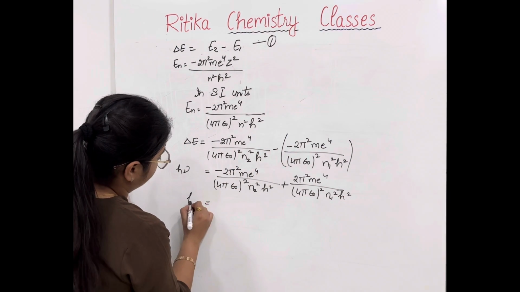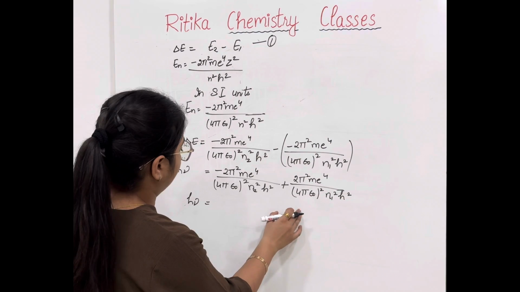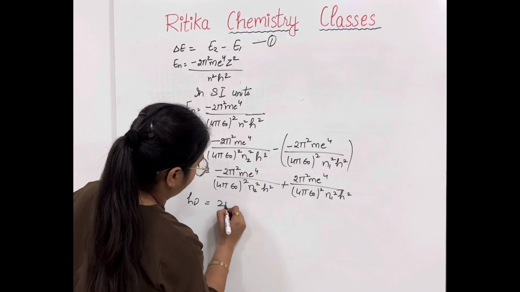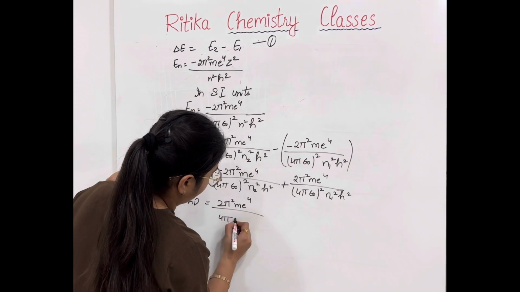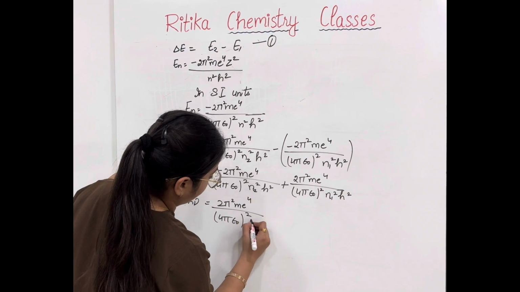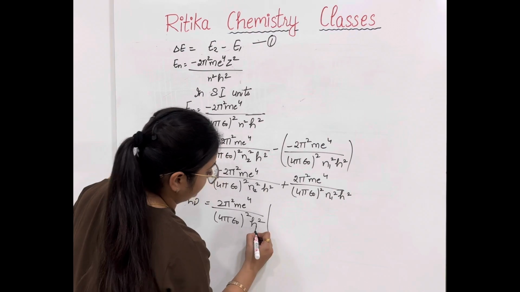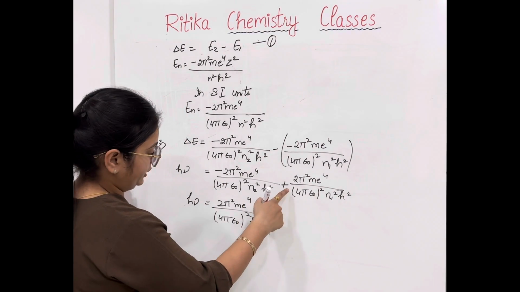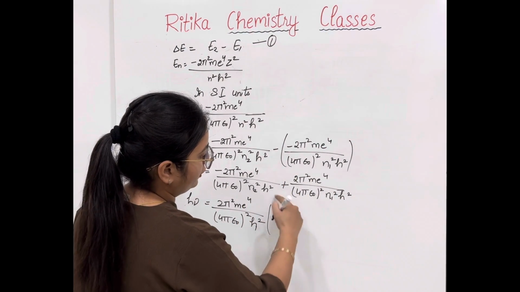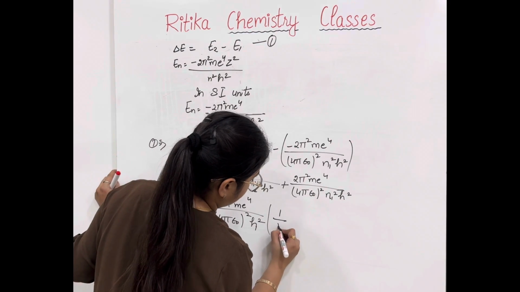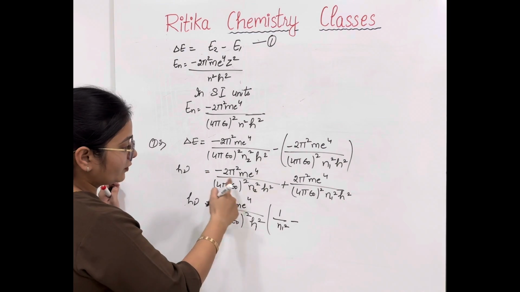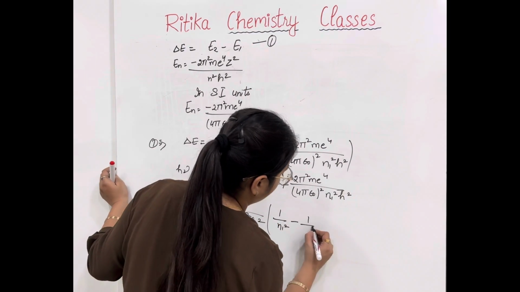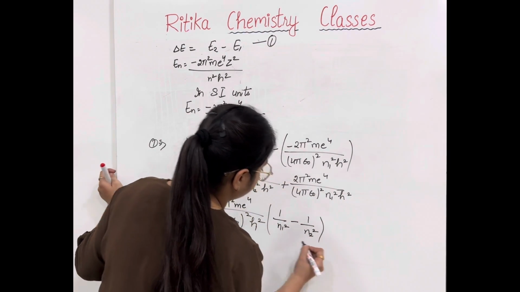From both these terms we can take 2 pi square m e to the power 4 upon 4 pi epsilon naught whole square h square as common. So this is a positive term. From this we will get 1 upon n1 square. This is negative. From this term we will get 1 upon n2 square.